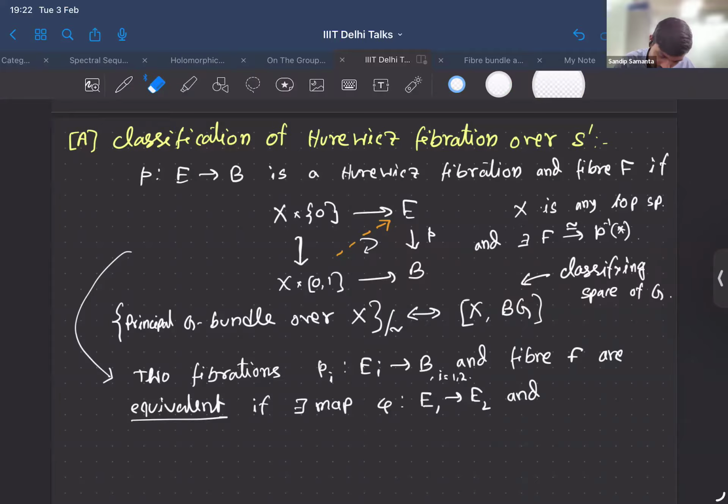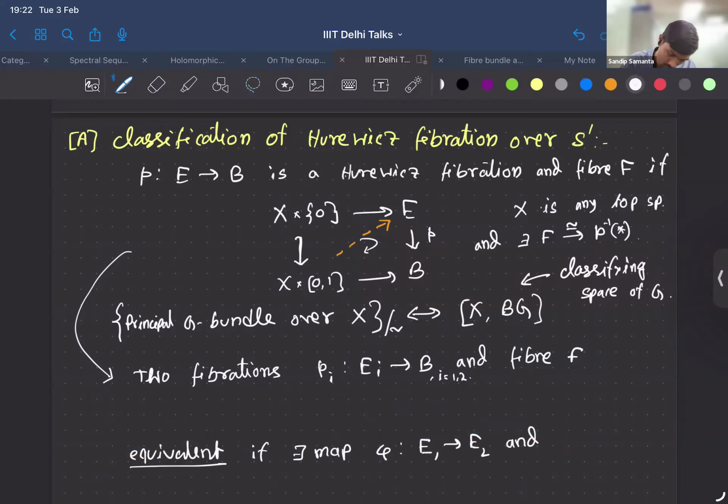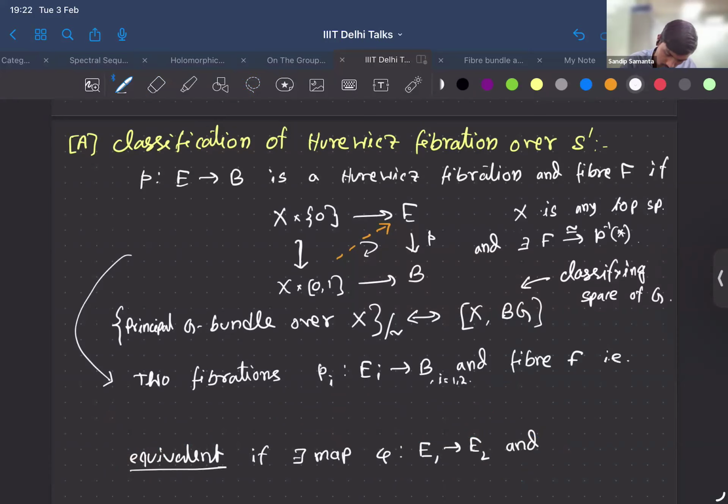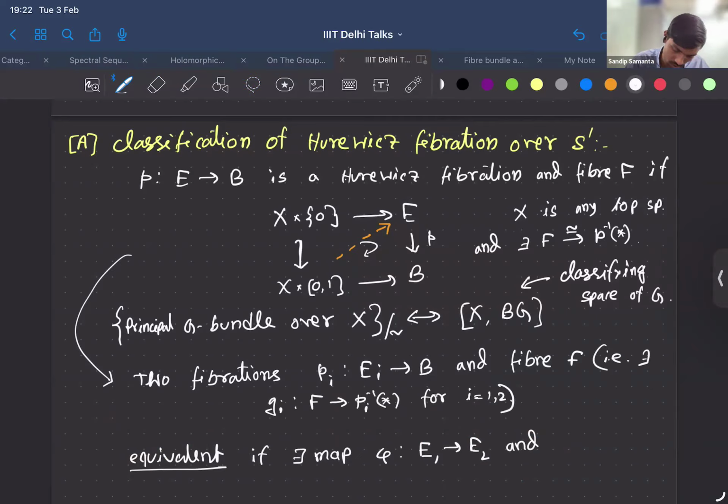Again the fiber comes with the choice of g1, g2, so I should input that before: the fiber is there, there exists a map gi from F to pi inverse of star. Both of them, for the fiber thing I'm getting this.